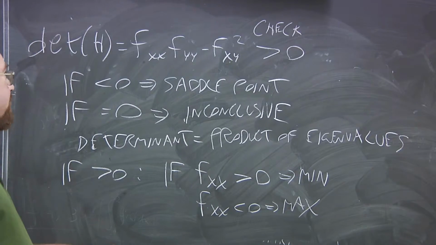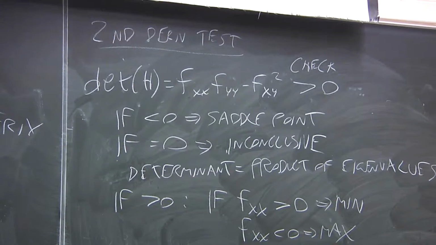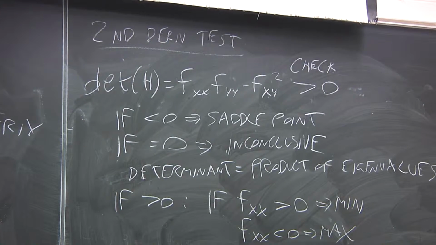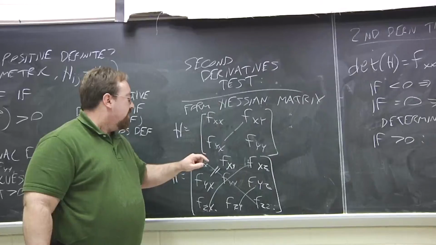Then this is your second derivatives test, and then you're done. You've sorted out whether these critical points are max, min, saddle point, or inconclusive, which is kind of like when the second derivative is 0 in the single variable case. You need more information. Maybe looking at a graph of the function, maybe looking at how the first partial derivatives behave near that point instead of just at that point where you know they're 0.